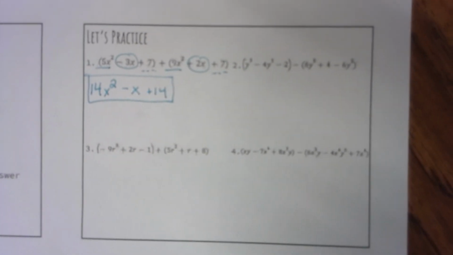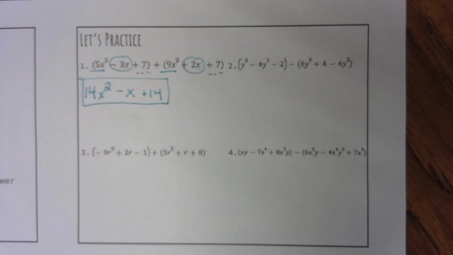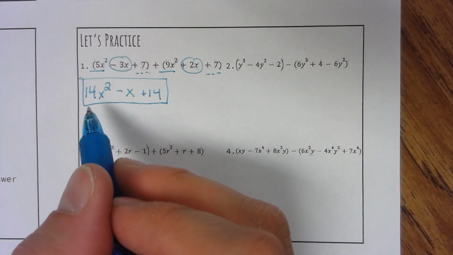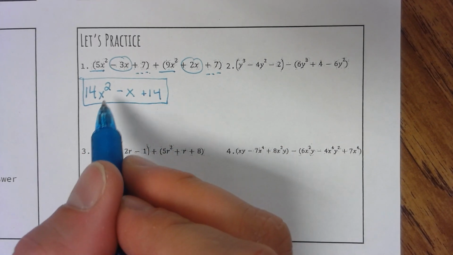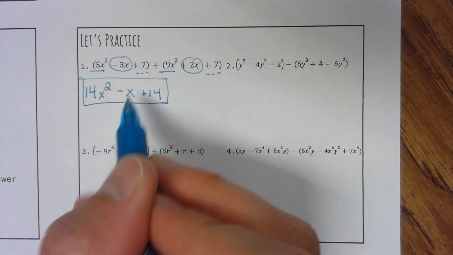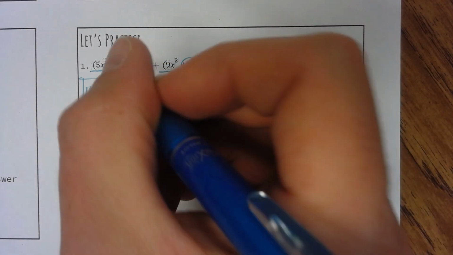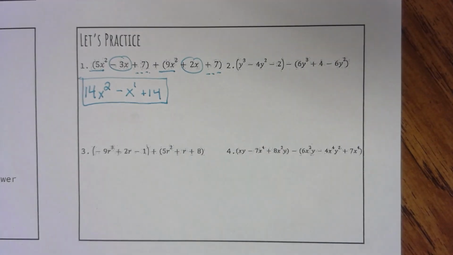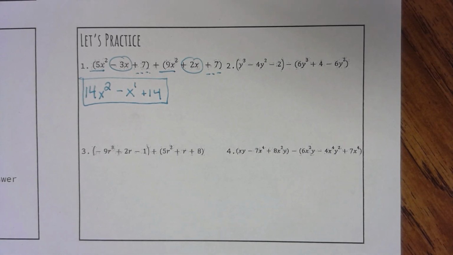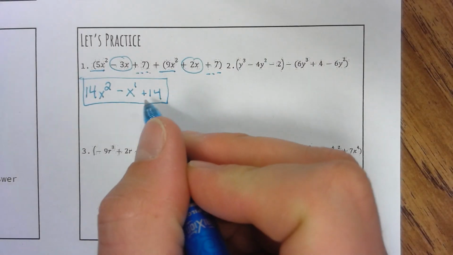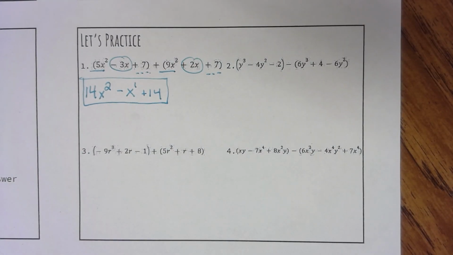And this is what I mean by writing the terms in descending order of exponent. So we have x squared first, followed by just the x to the power of 1. That was another thing that threw a lot of us off, that when we don't see the exponent of 1, some of you were thinking it was a 0. We had ideas all over the place with that. And then 14. So the number gets written last.